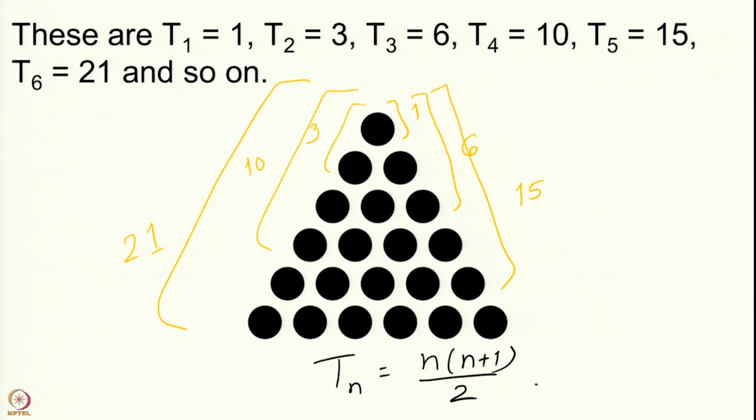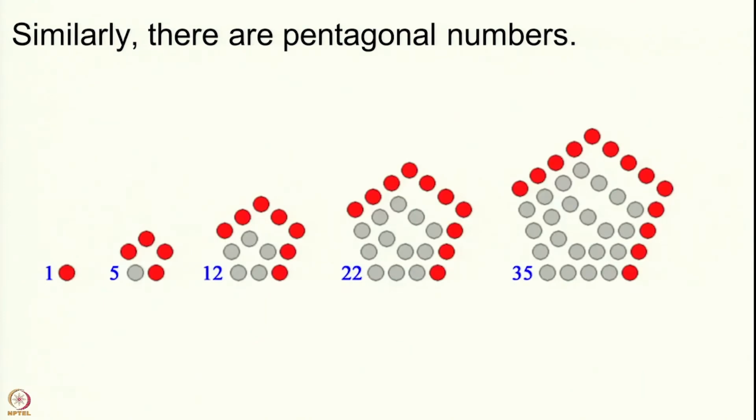So, these are the triangular numbers, and now there are also pentagonal numbers. So, you have the trivial pentagon consisting of only one dot, and then you have the pentagon where each side has 2 edges, each edge has 2 vertices, and so you have the number to be 5. I have taken this picture from Wikipedia.